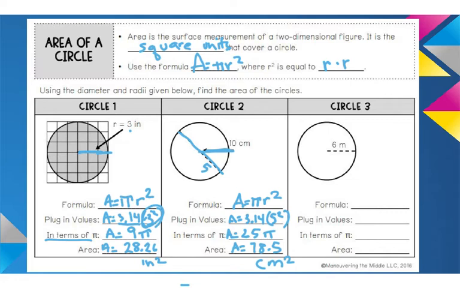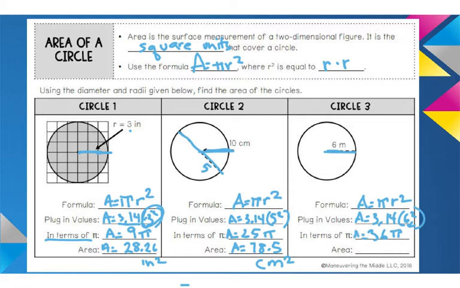All right, the last one in this row. Lucky for us, we have the radius is 6 meters. Formula, remember, pi r squared. Plug in our values. We don't know the area. We know we could plug in 3.14, and our radius squared is 6 squared, right? In terms of pi, we're just going to square that, and it's going to be 36 pi.